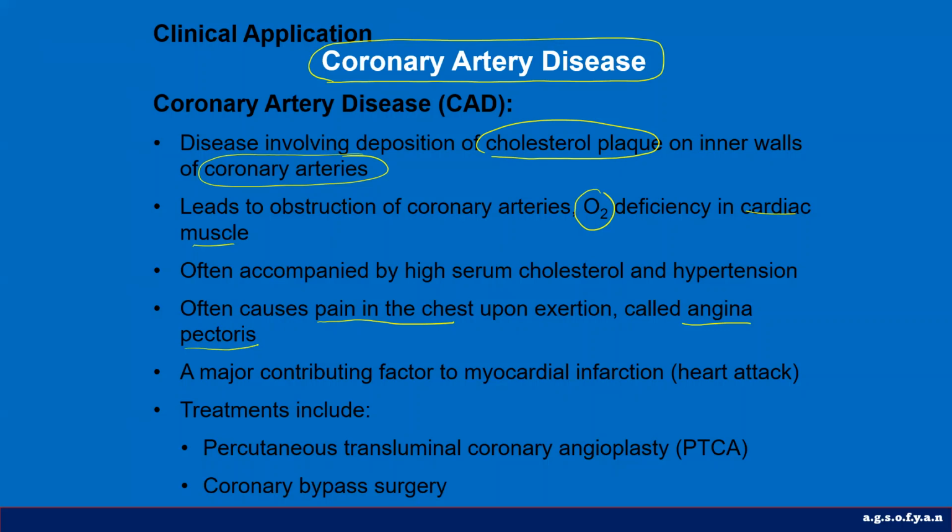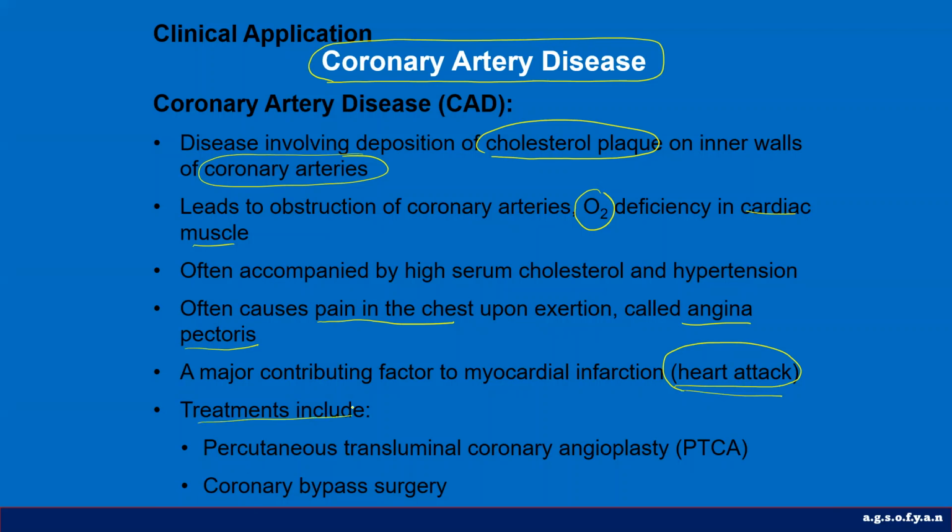This is caused by these obstructions of the coronary arteries, and then it might contribute to a heart attack if the problem is not solved. Then this angina pectoris will progress to become a heart attack.